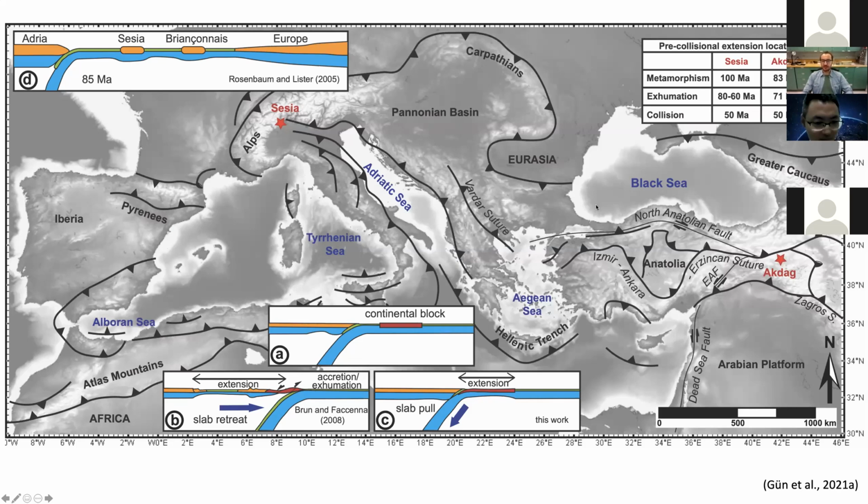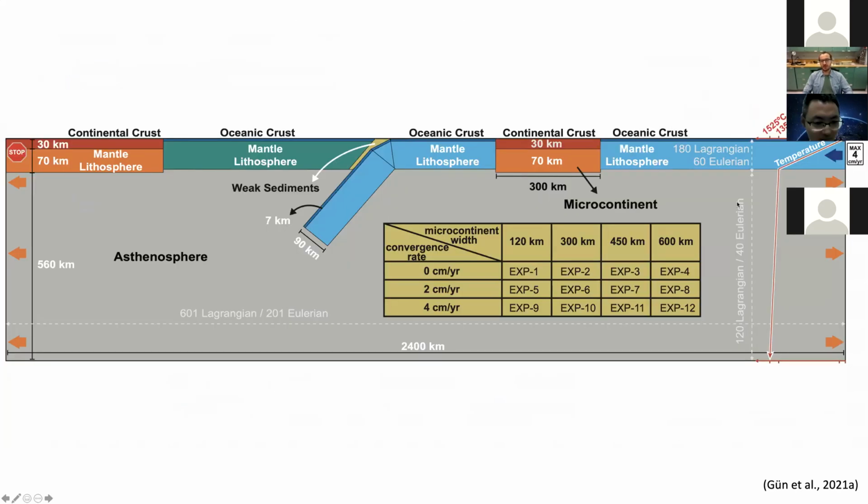created this numerical modeling setup to investigate this intriguing question. In this numerical model, you see a subduction zone here, and there's one oceanic lithosphere subducting beneath another oceanic lithosphere. We set up this experiment like that because we knew that in Eastern Anatolia there's an intra-oceanic subduction zone.